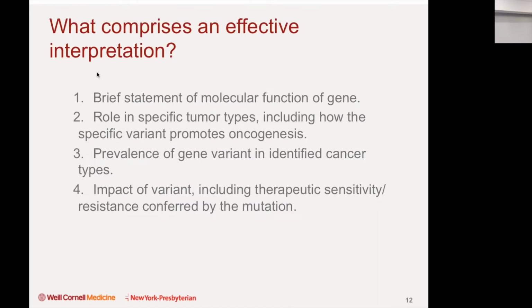And then how that specific variant promotes the tumor, or whether it does or not. And then you can go into the prevalence of that gene variant in that specific cancer type, and then whether that variant has a therapeutic implication for that tumor.